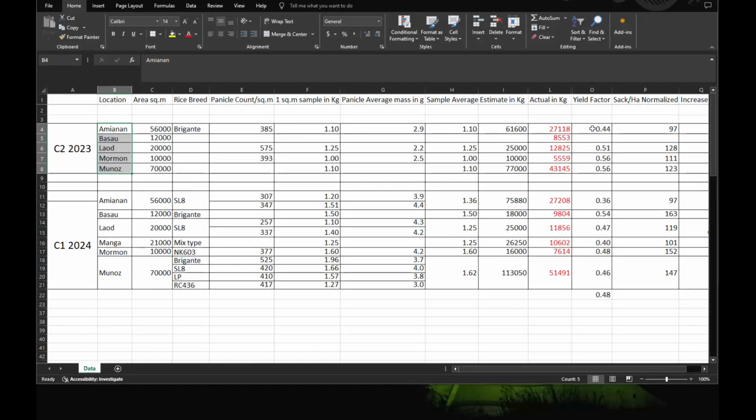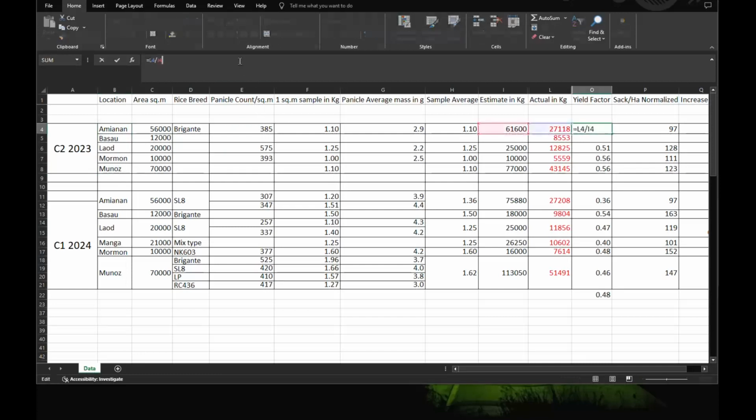So what is this yield factor? It's basically L4 divided by I4. So I'm seeing a trend of around 0.5.